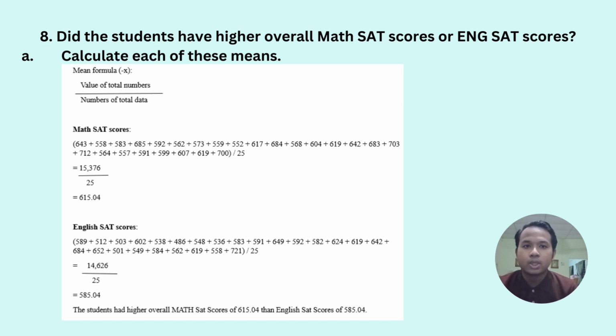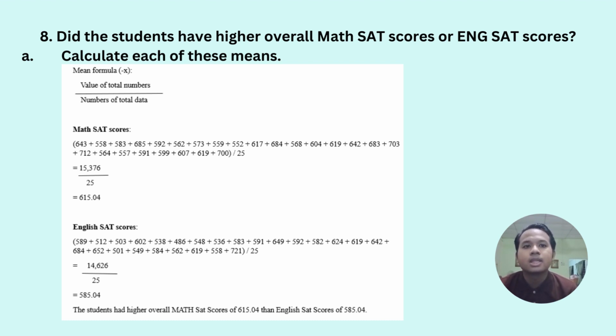By using the formula for mean, the total of the values divided by the number of total data. So for maths SAT score, we need to add all the sample data then divide by 25, as well as the English SAT score.